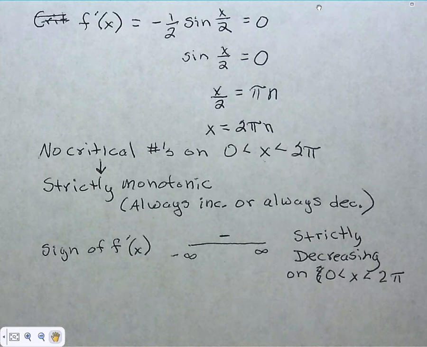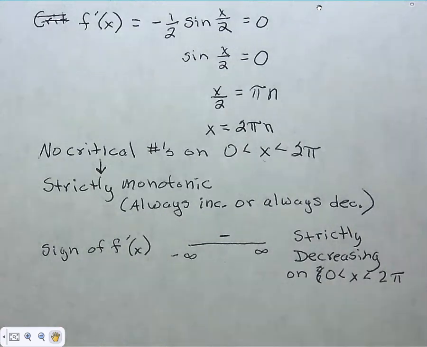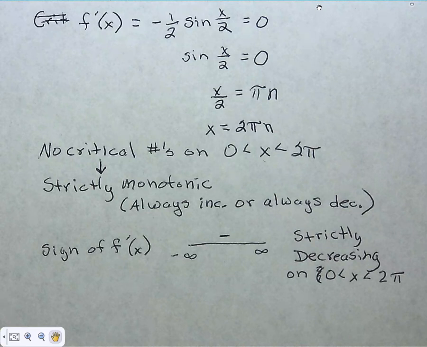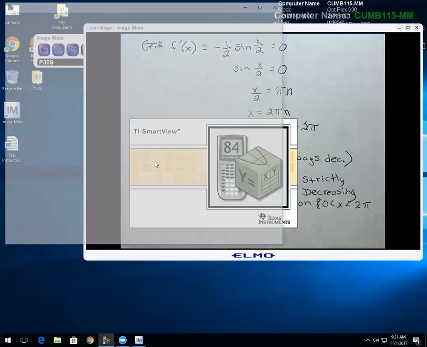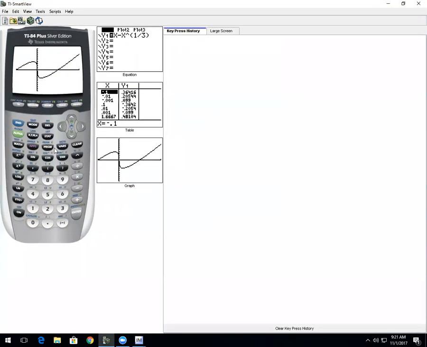Now, one thing that will help you on test 3, if you can remember to do it, this is all about graphing, and you have a graphing calculator. I'm not going to take it away from you. You can check your work. You still have to show the calculus that supports what you write down, but if you want to make sure that that's right, make sure your calculator's in radian mode.